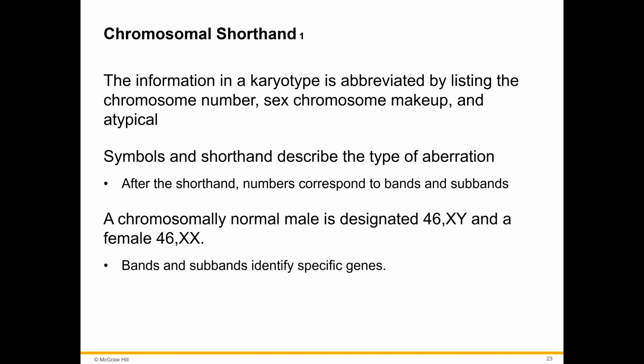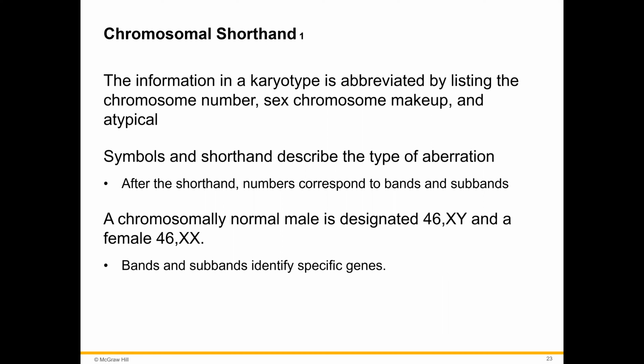Imagine you have a chromosome and a specific location. How would I tell you where exactly the gene for cystic fibrosis is located on a chromosome? The chromosome is divided into different sections.